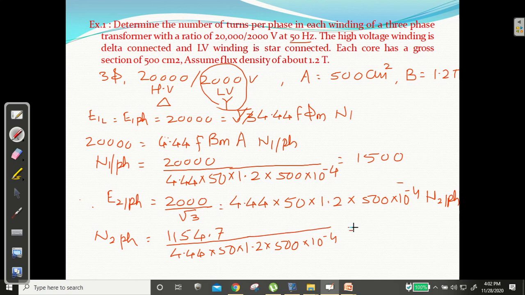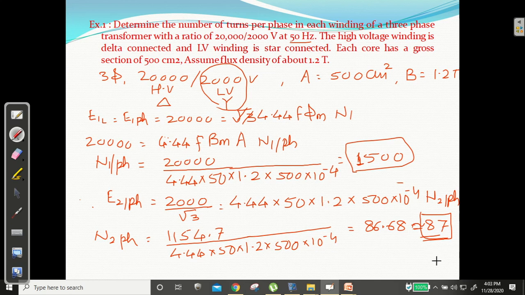I am getting 86.68, so you can say 87 turns. That is the answer: 1500 is N1, the number of turns per phase on the primary side, and this is on the secondary side.